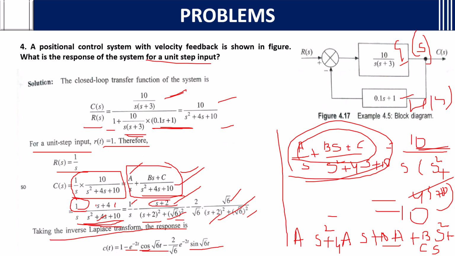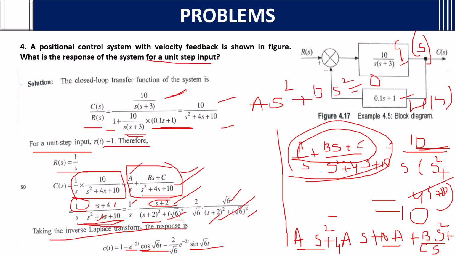Understood? In the same way, what should you compare? The s square terms. Actually, you already got the a value, so no need to compare that. But what you should do is as square plus bs square equals 0. Why?